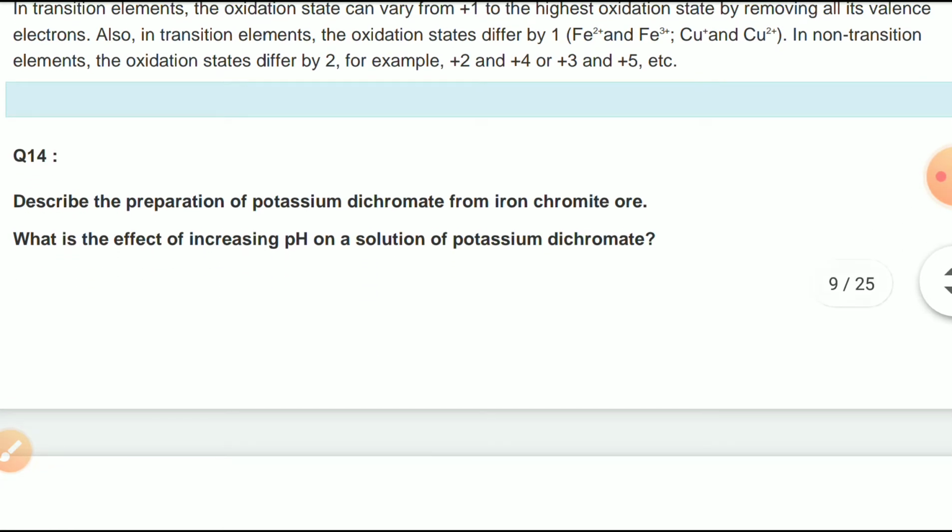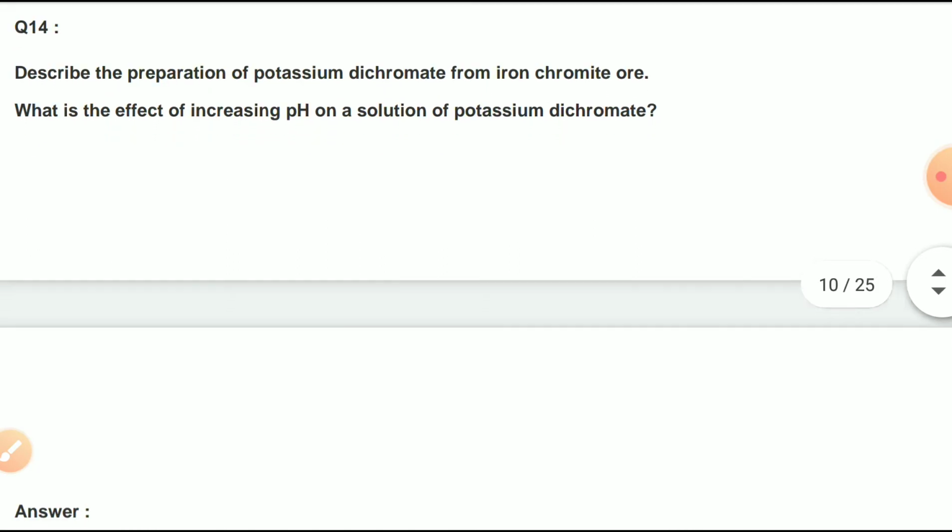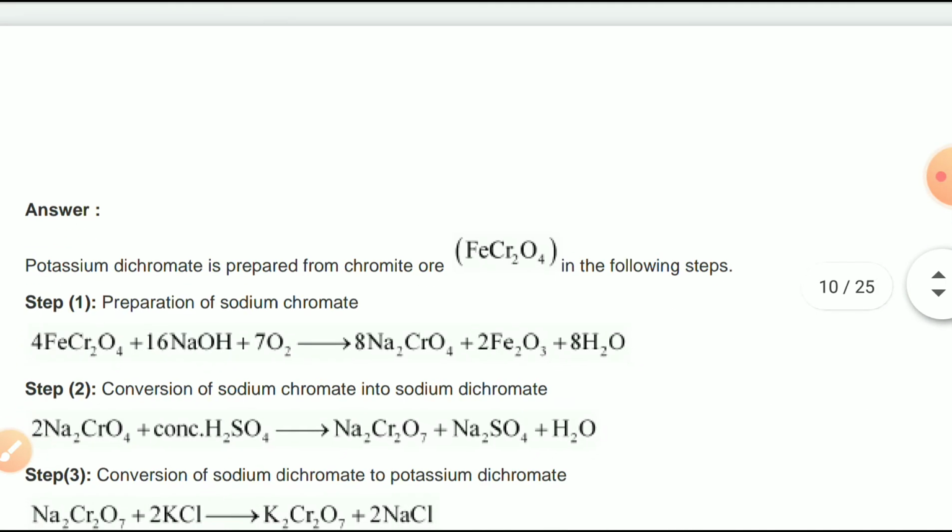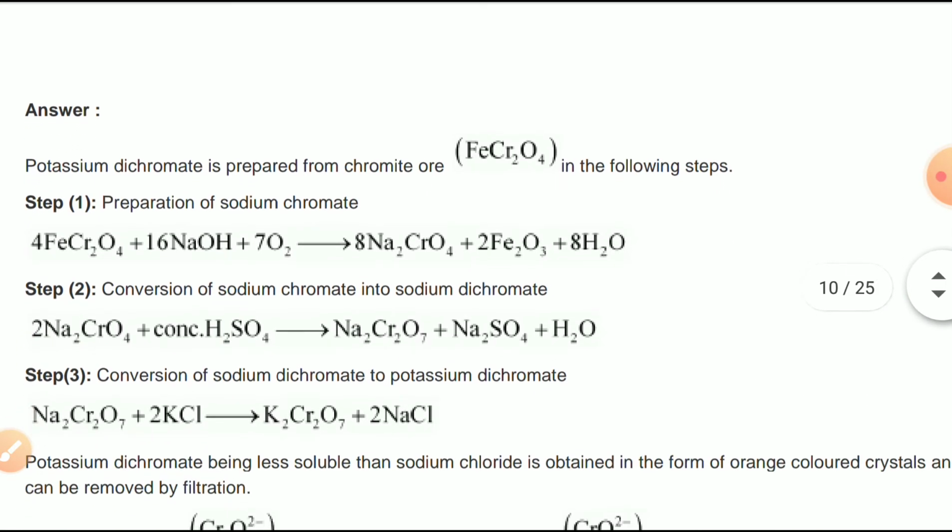Then question number 14. Describe the preparation of potassium dichromate from iron chromate ore. What is the effect of increasing pH on a solution of potassium dichromate? Answer. The potassium dichromate is prepared from chromite ore, FeCr2O4, in the following steps.